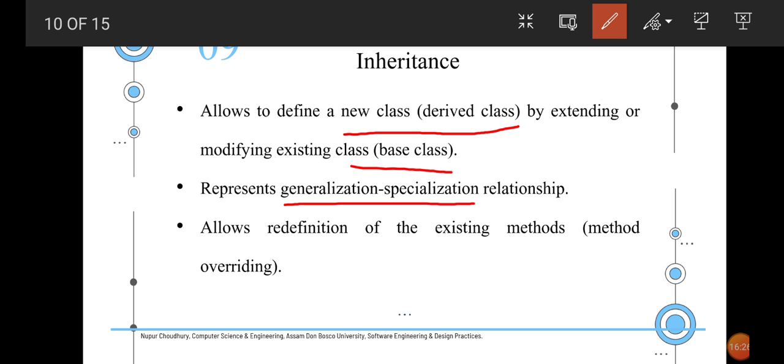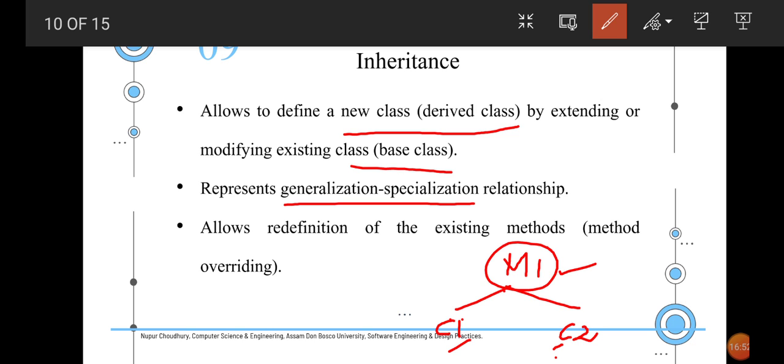Suppose the main class M1 has two different child classes C1 and C2. We call M1 to be in a generalized relationship with C1 and C2, and we call C1 to be in a specialized relationship with M1.